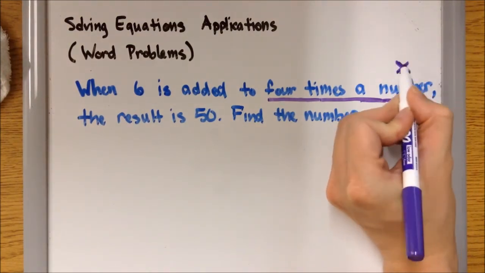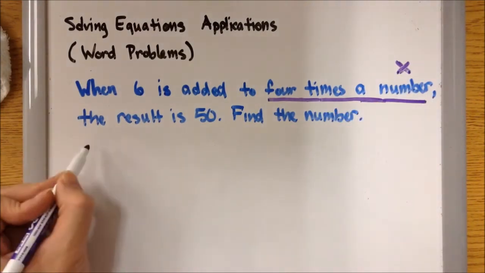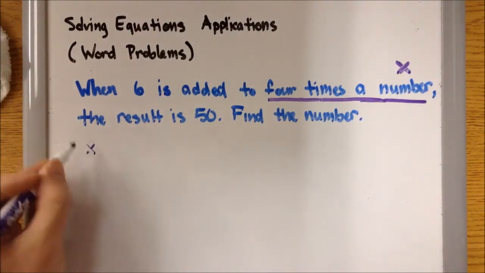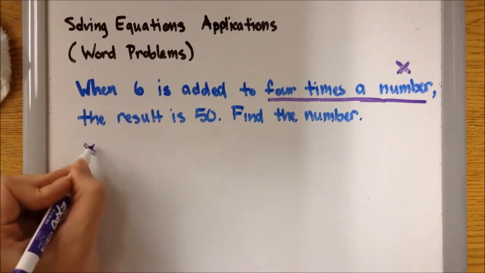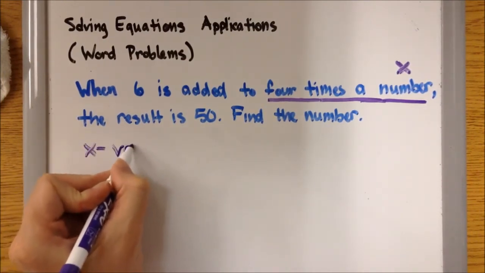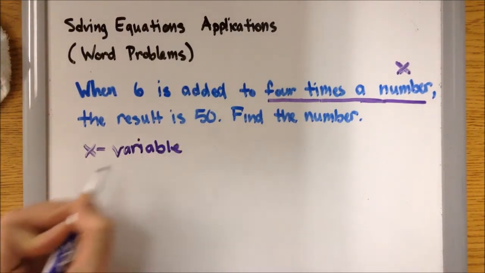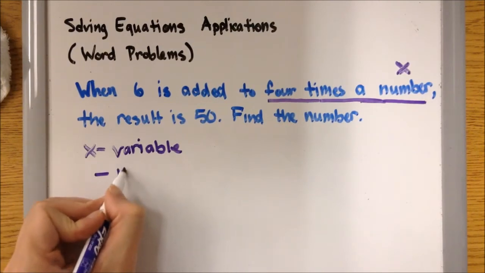Now, do you have to use x all the time? You don't have to. You can use any variable. So my x is the variable, and it's the unknown number.